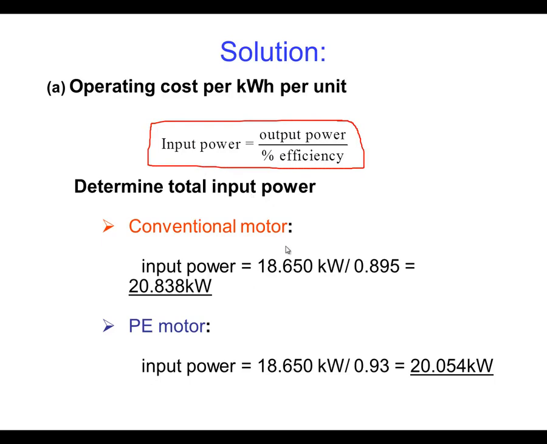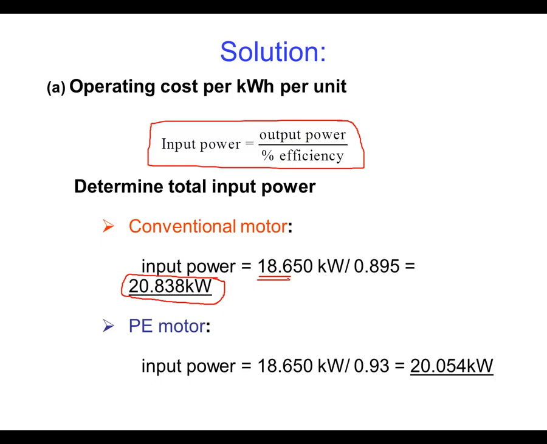Based on that, the input power for the standard motor will be 18.650 kilowatt divided by 0.895 efficiency, and that will be 20.838 kilowatt.